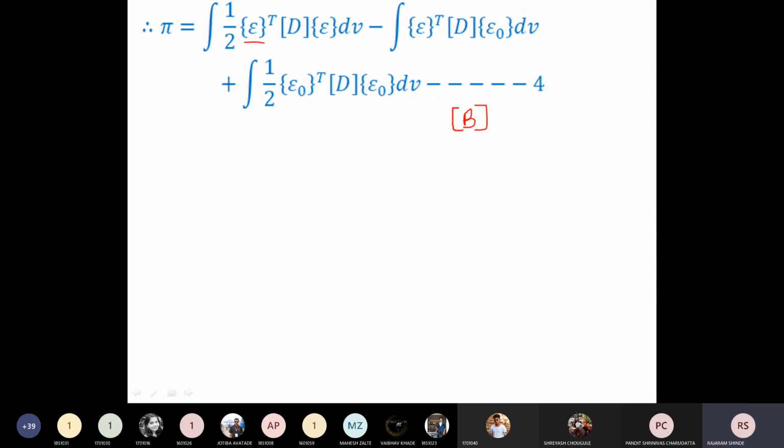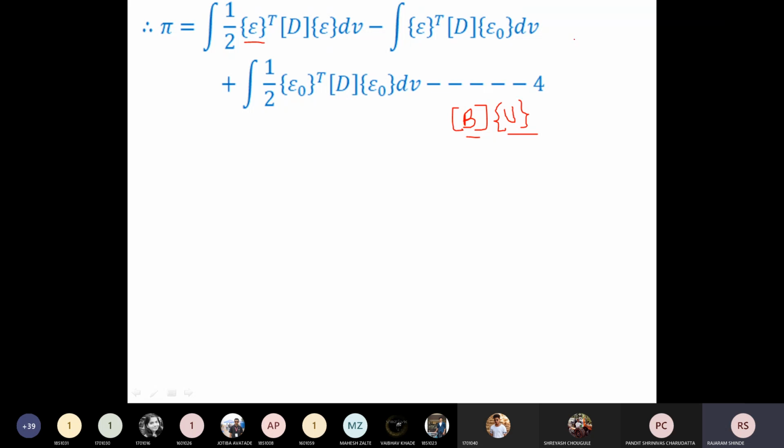You have seen this equation: B is your matrix formed by the proper differentiation of the shape functions, and u is your nodal displacement matrix.